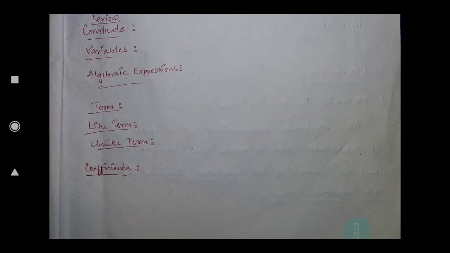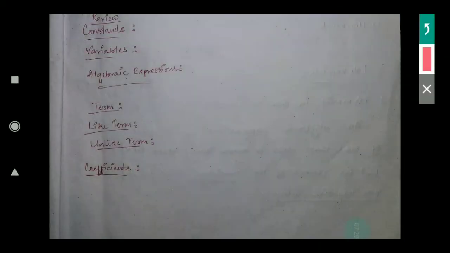Now, term. Suppose in this algebraic expression it is given x square plus 2x plus 3. A term is the smallest part of the algebraic expression, which are separated by addition or subtraction.